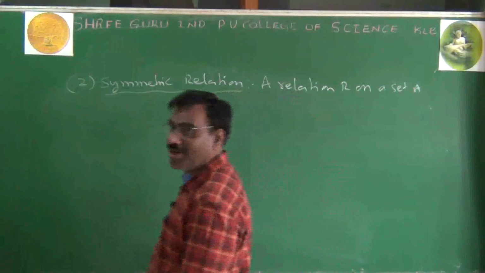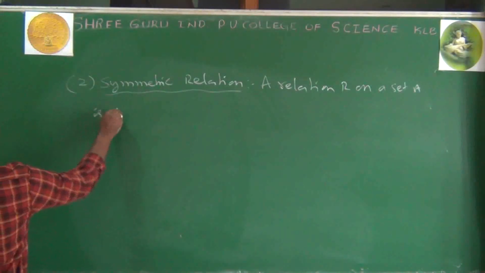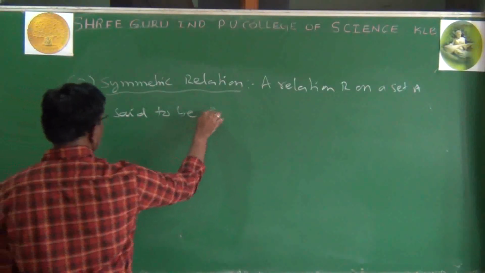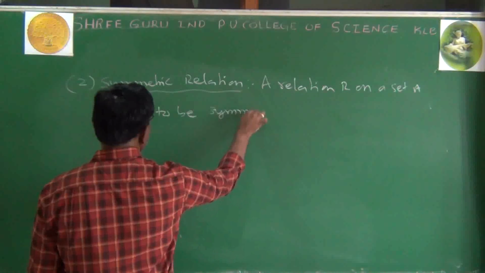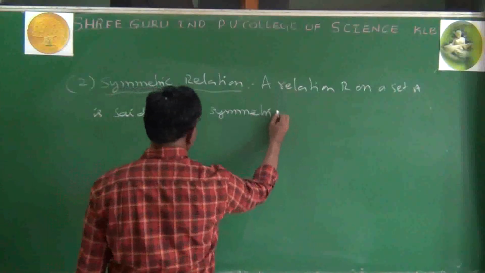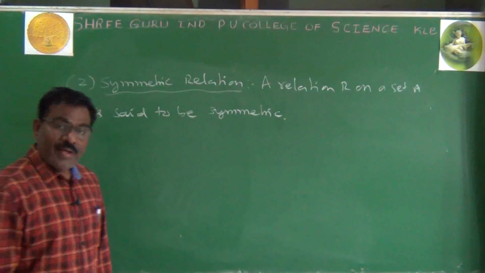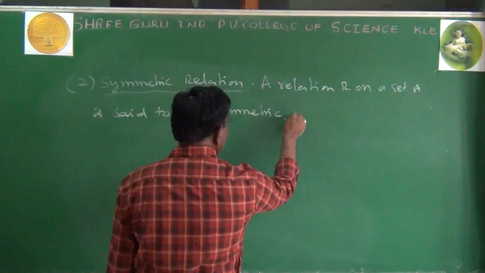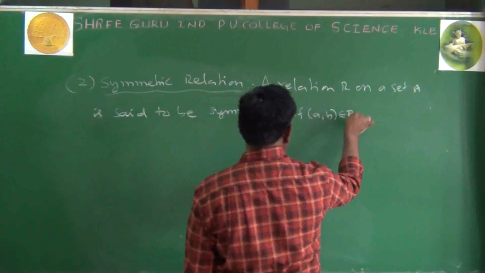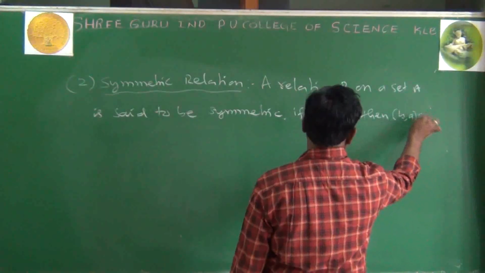A relation R on a set A is said to be symmetric if (a, b) belongs to R, then (b, a) belongs to R.